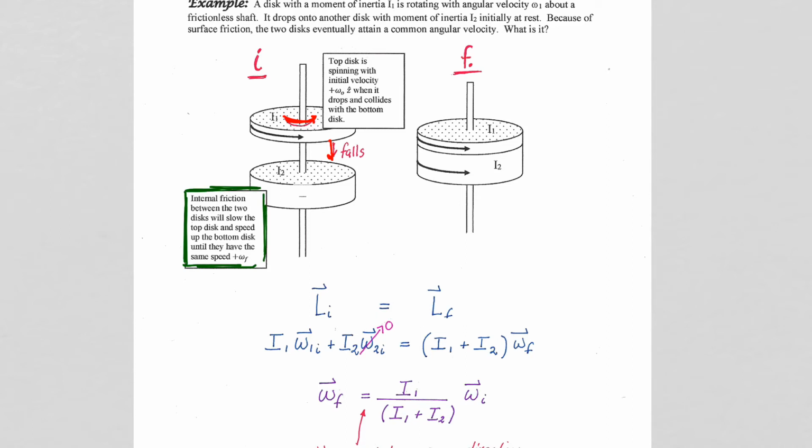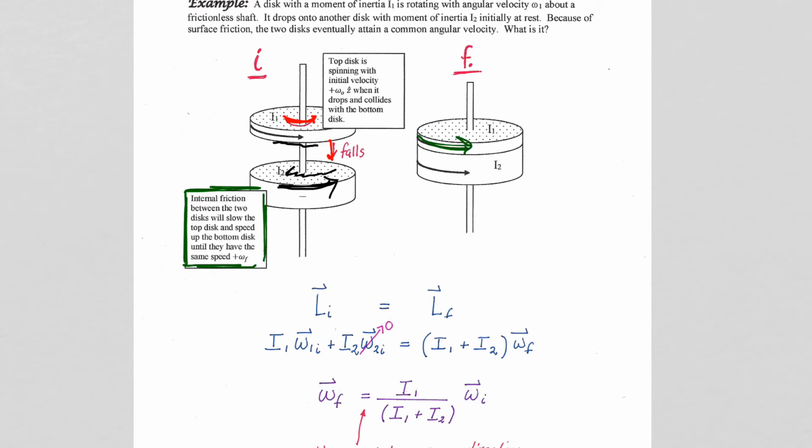So when the friction on the surface here interacts with the bottom surface of the spinning top disk, that friction is going to increase the rotational speed of the bottom disk and slow down the top disk. That will occur, the speeding up, slowing down, until they reach a common final velocity.